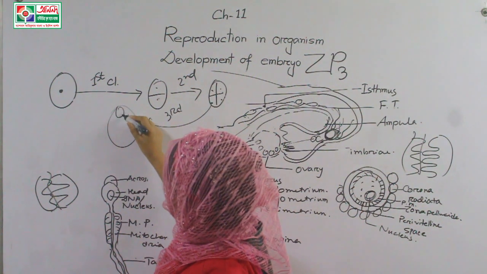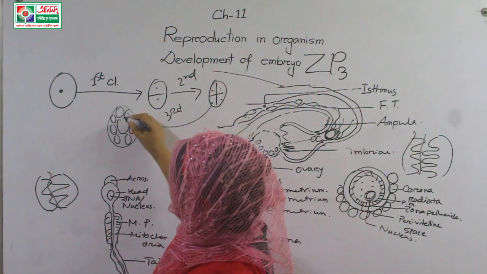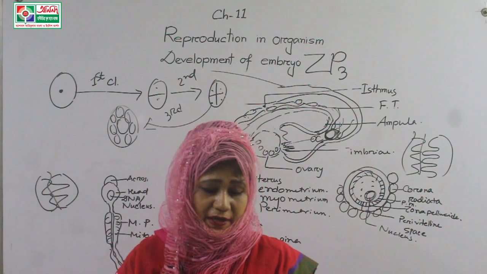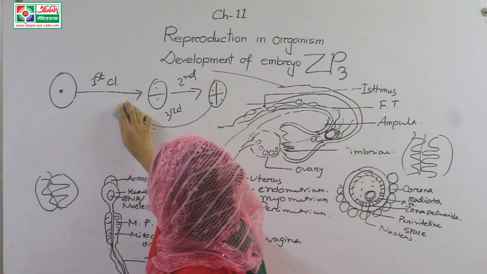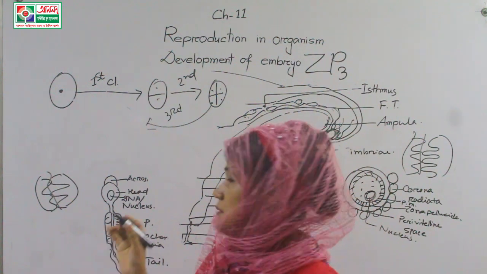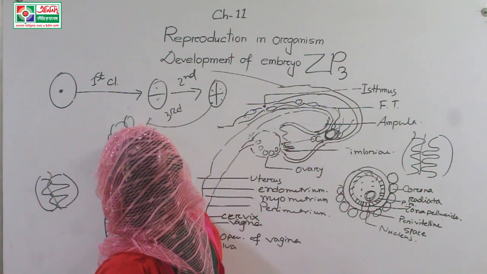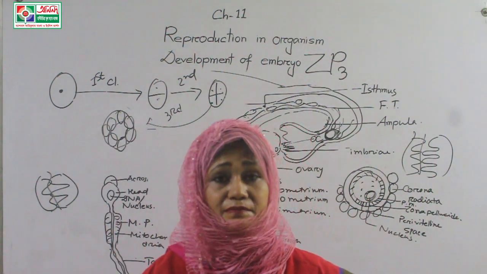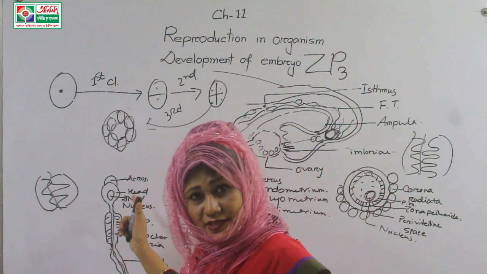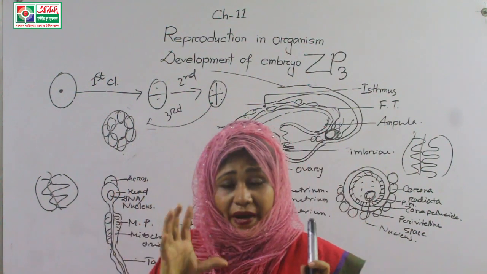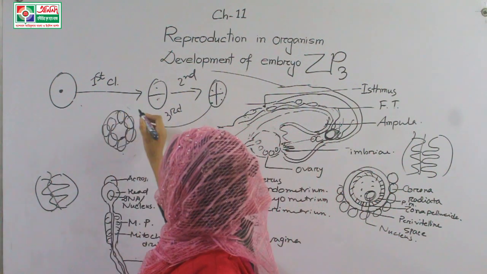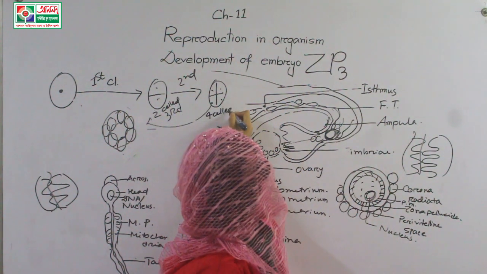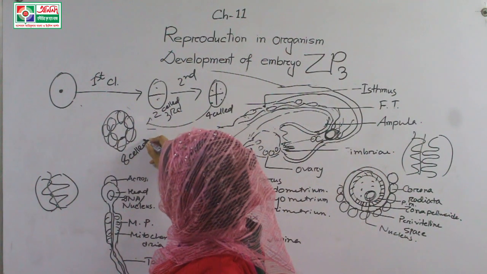This is a compact structure, all the cells closely arranged so they look like a ball, a compact ball-like or mulberry-like structure.